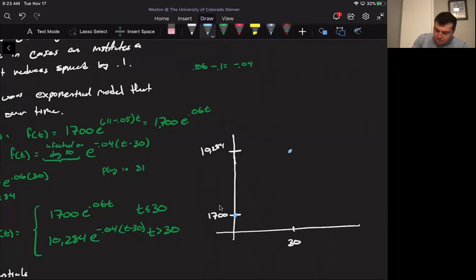At day 30, we better be up here at about 10,000 infected. So our curve's going to look something like this, and it's shooting up. And then the shutdown is put in place, and then cases start to fall. So the graph will look something like that.